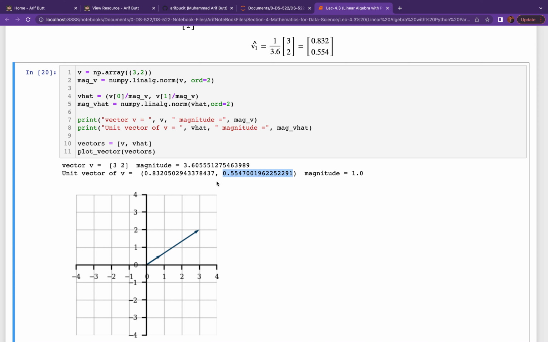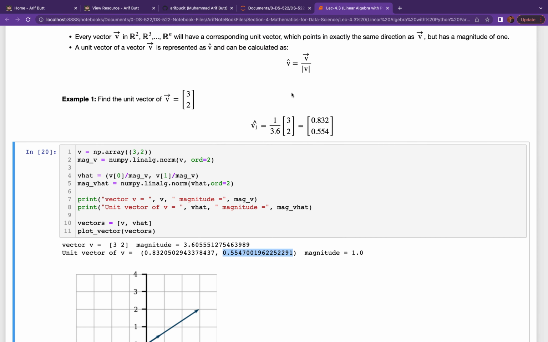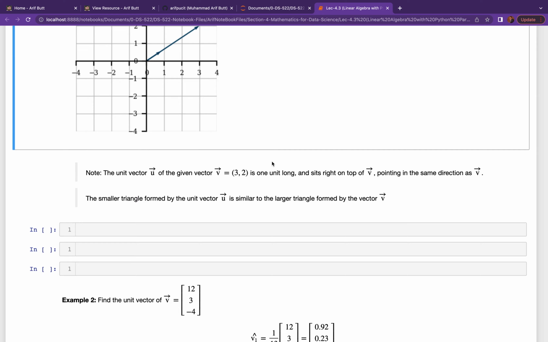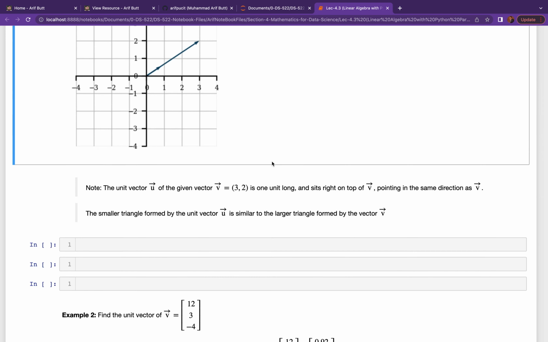So this is the unit vector which I have computed using this formula by dividing by the magnitude. Okay, and note the direction is the same.